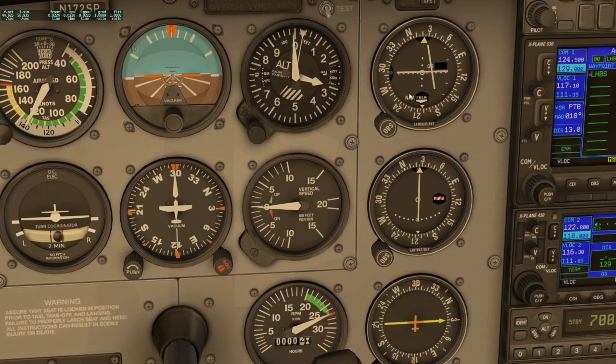Going back here, we're going to put our 000 radial. Once I intercept this, I'm going to turn left, and then once I intercept the 330, which is 30 degrees from the one I want, I'm going to turn 45 degrees to the left in order to intercept the 300 inbound.